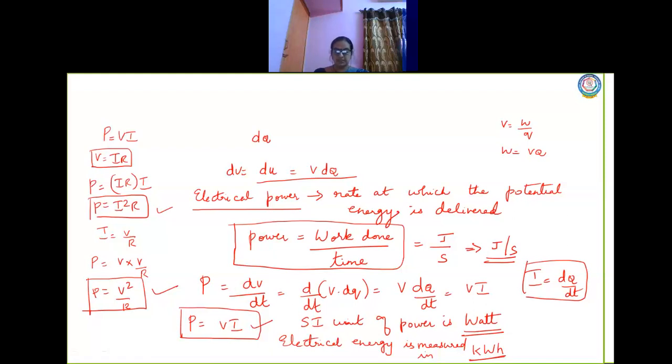Since the bulbs are connected in parallel, the voltage drop across each bulb is the same. When resistors are connected in parallel, the voltage will remain the same, and current alone will vary. That is what we read. So the potential between these two will remain the same, that is, the value of V will remain the same. Yes or no?